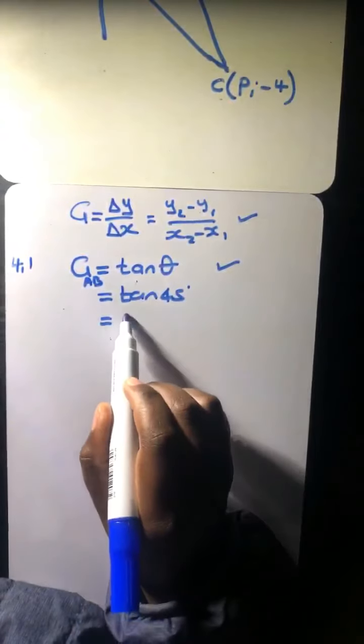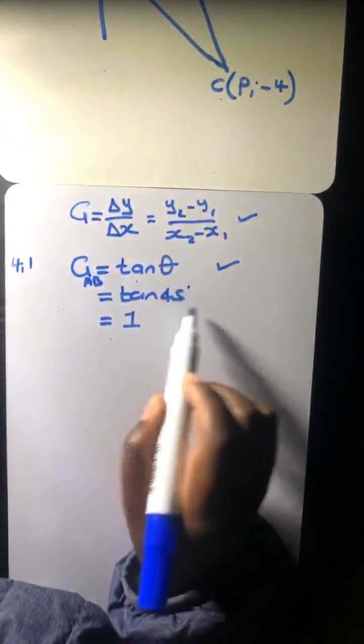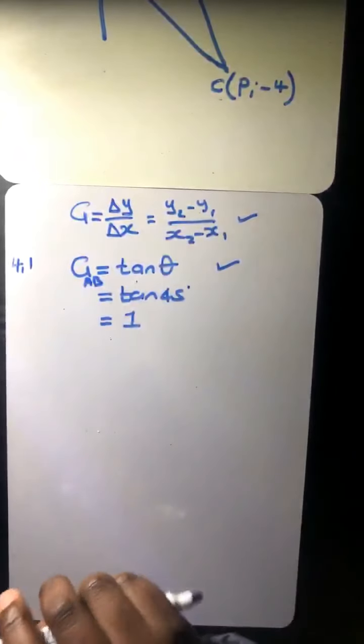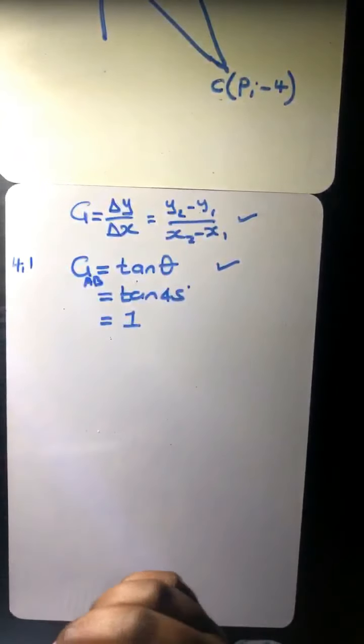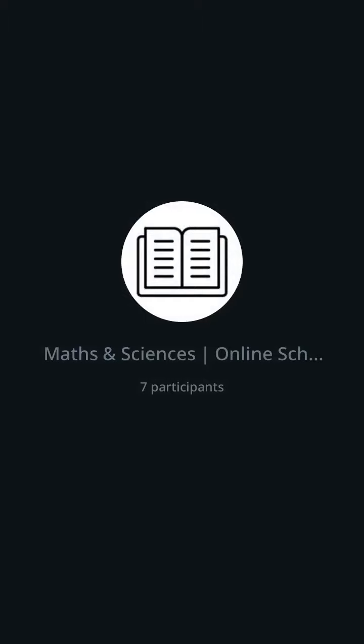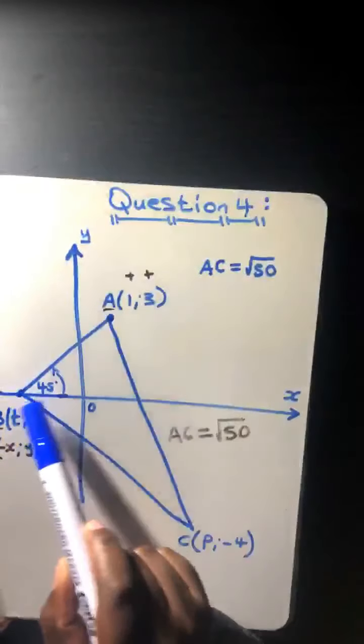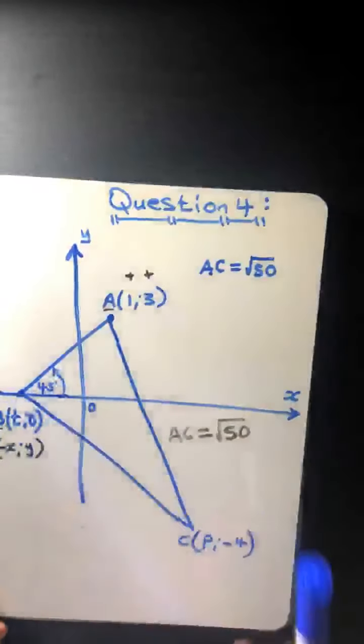Is it not 1, guys? I remember from special angles for 45 that you have 1, 1, then the root of 2. It's 1, sir. Yes, but do you agree with me on that calculation, that to calculate the gradient of AB, I can just use that angle? Do you guys agree with me on that one?